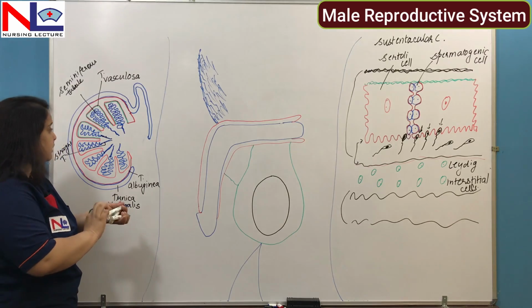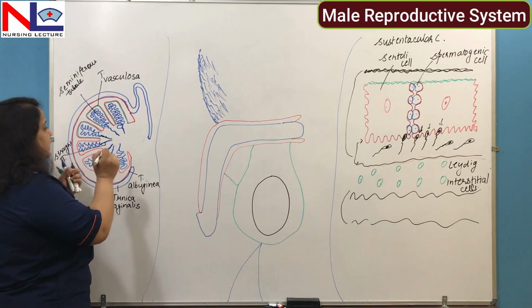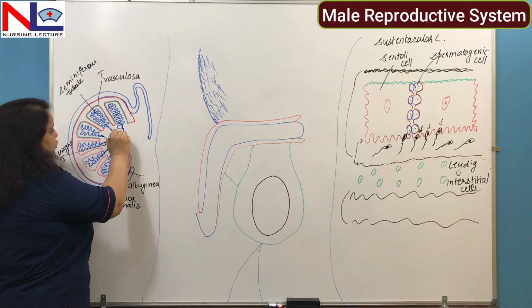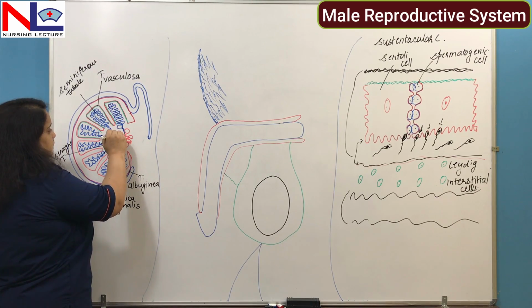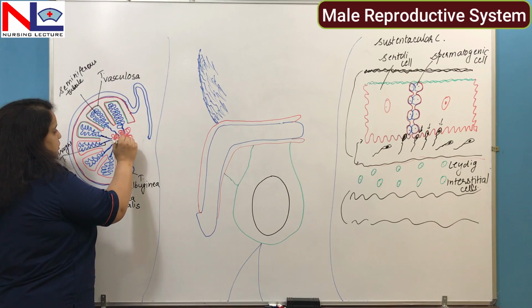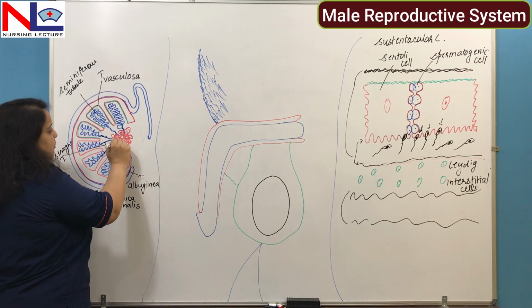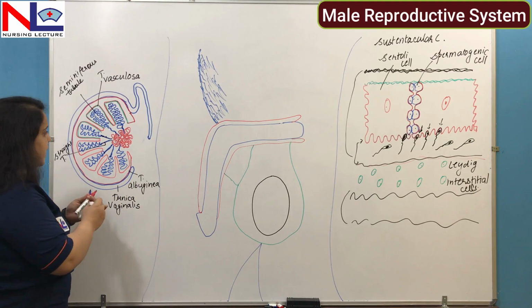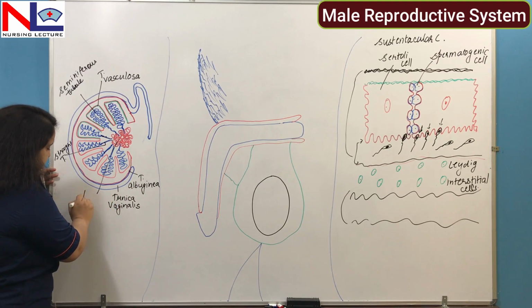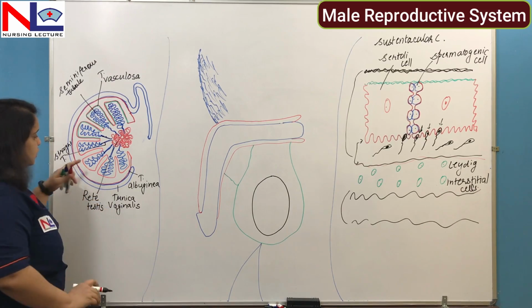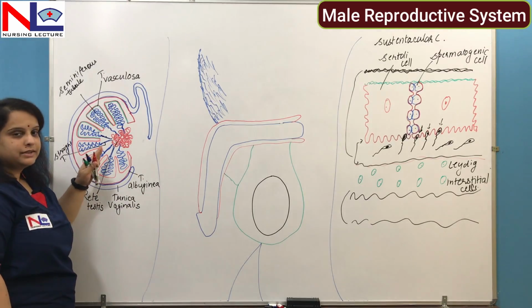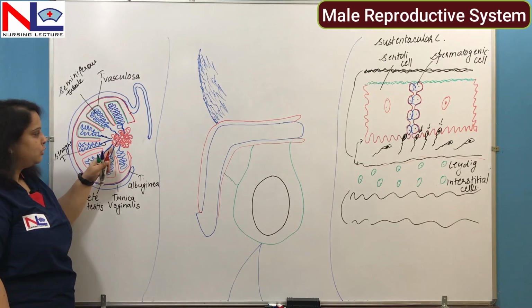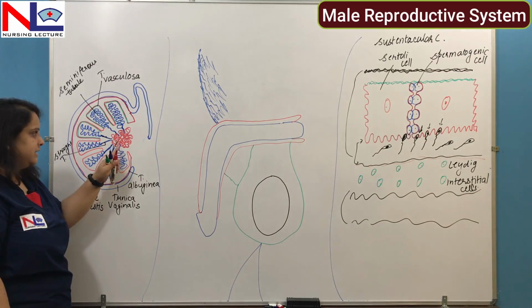From here they all move medially, where the straight tubules merge and form a network of tubules called the rete testis. So from the seminiferous tubule, the sperm and fluid are pushed through this duct system, go into the straight tubule, then come into the rete testis.